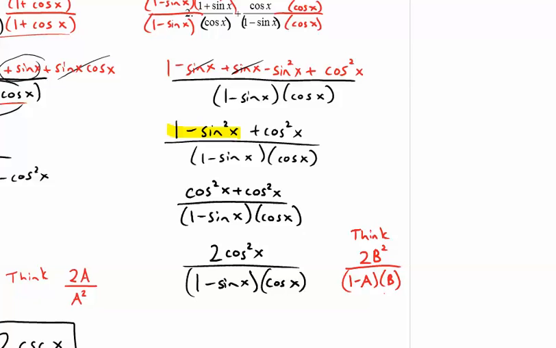So I've got a common factor of b on the top and the bottom that can cancel. So I'll do the same thing here. I can cancel one of the cosine terms from the top and the bottom, leaving me with 2 cos x over 1 minus sine x.